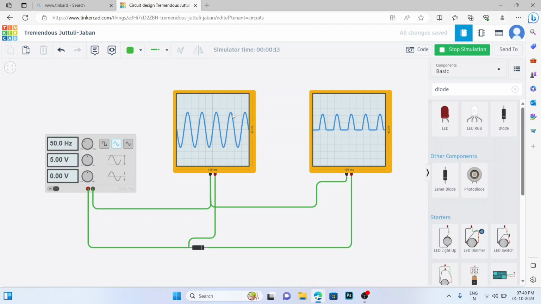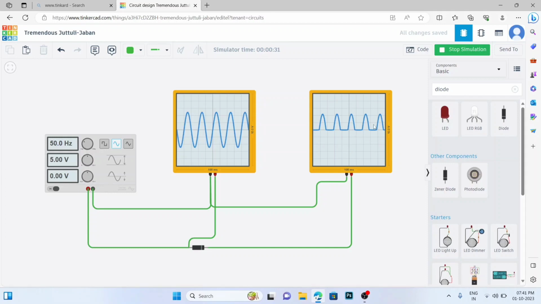In the case of the output of a rectifier, this is a half wave rectifier, we are getting only the positive half cycle, and before making this circuit I told you that the diode only works in forward bias, the diode cannot work in reverse bias. That's why we are getting only a positive half cycle, not a negative half cycle.